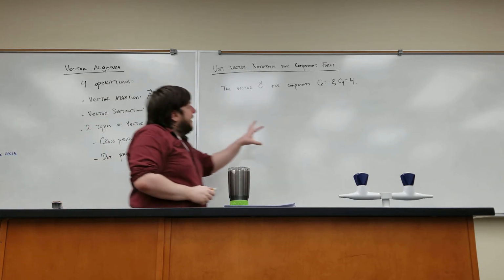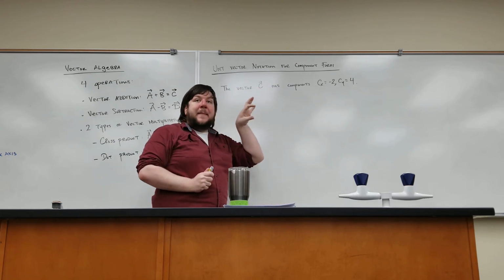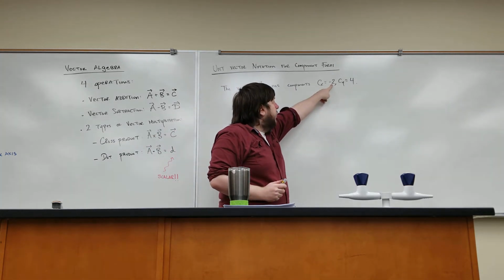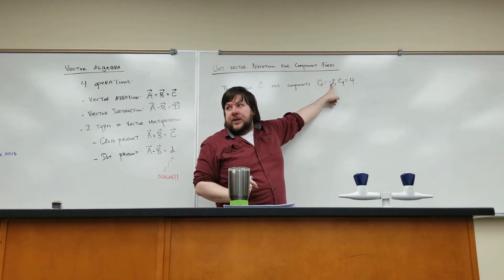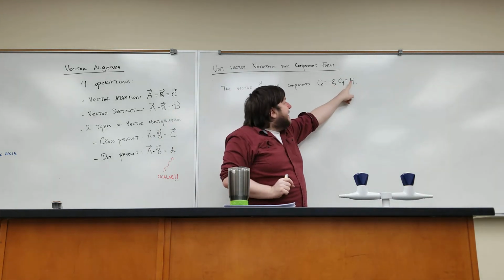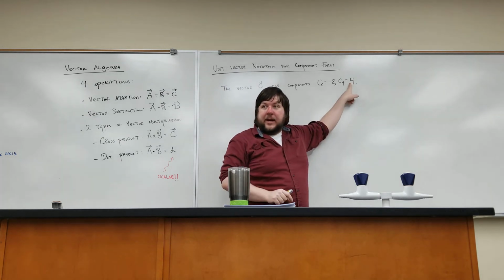To grab this information and write it out as a vector, we need to somehow tag the number -2 with something that tells you that it points in the x direction. And we need to tag the number 4 with something that tells you it points in the y direction.